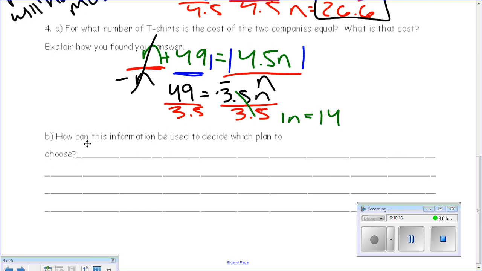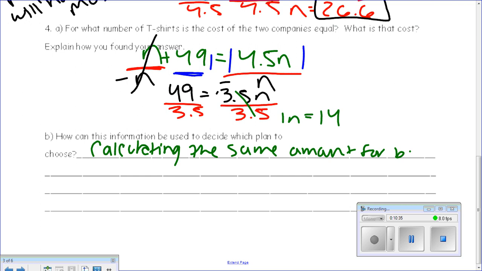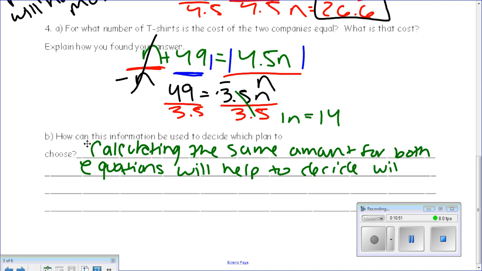So we could say calculating the same amount for both equations will help to decide which company has the better deal.